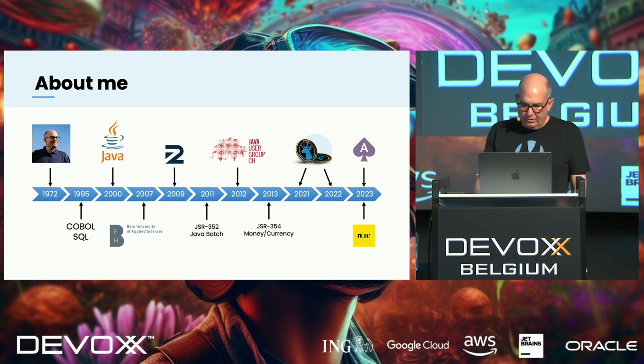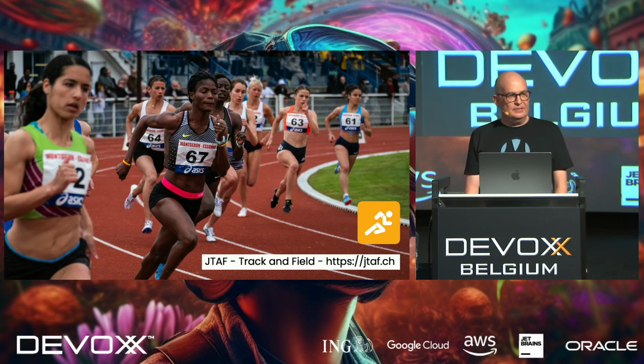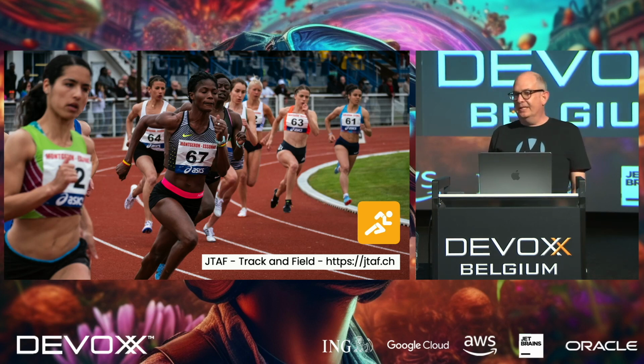What I like to talk to you about is track and field. Why track and field? I'm in a sports club in Switzerland since I'm a little boy, and we organize events for kids. So we have 3 events per year where they can come and do long jump and run and stuff like that.